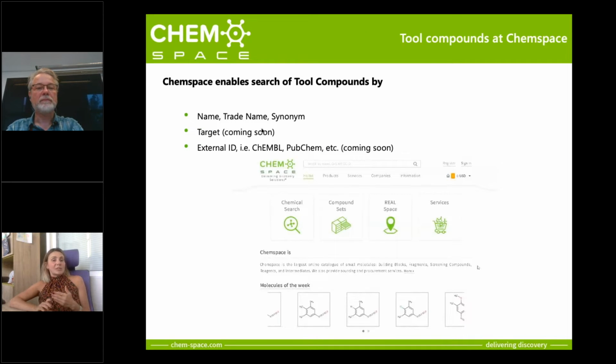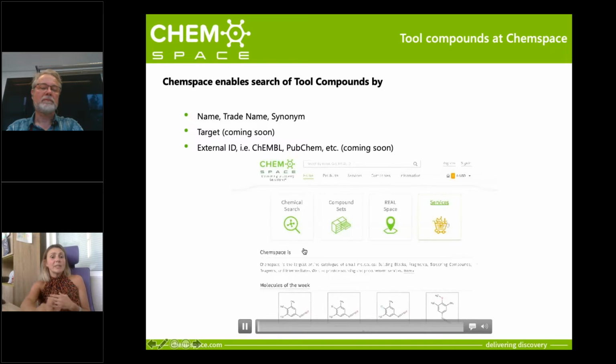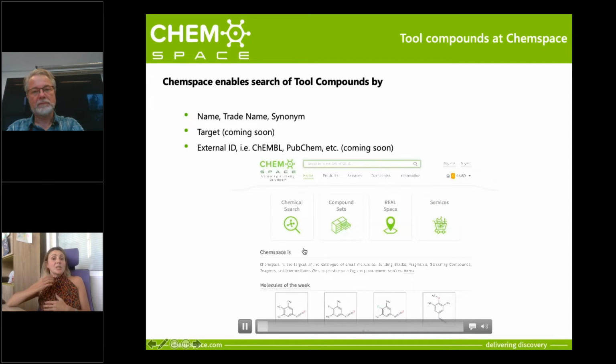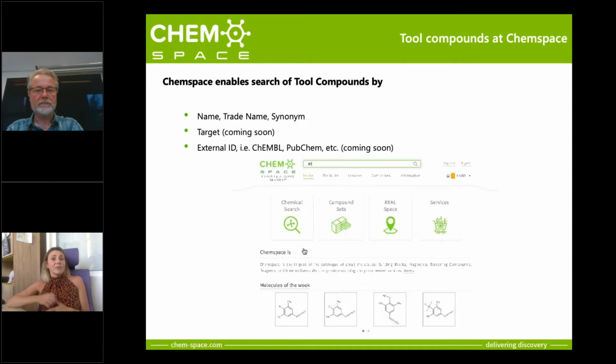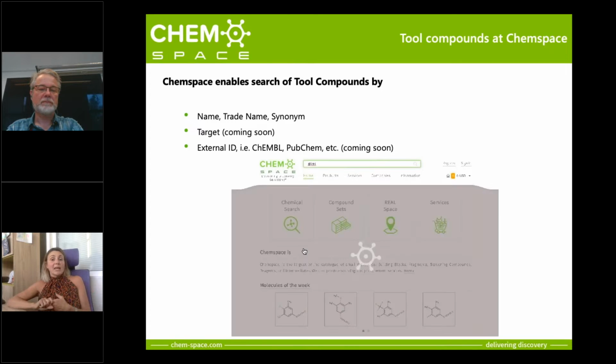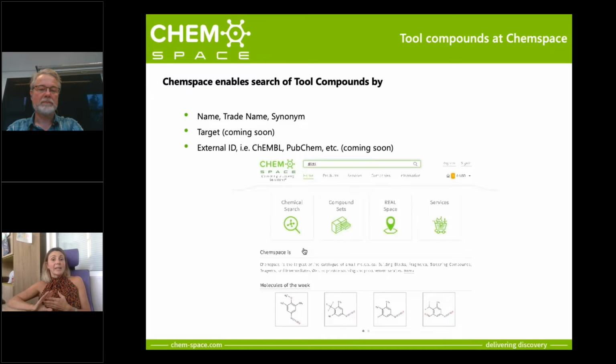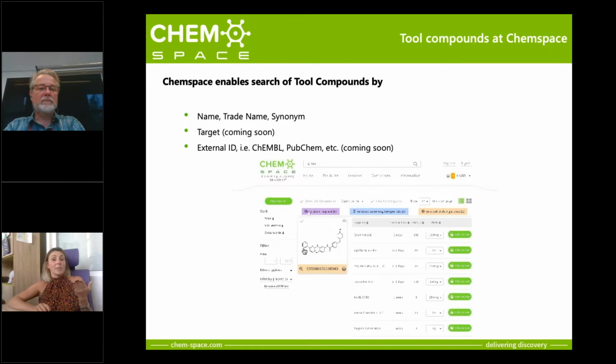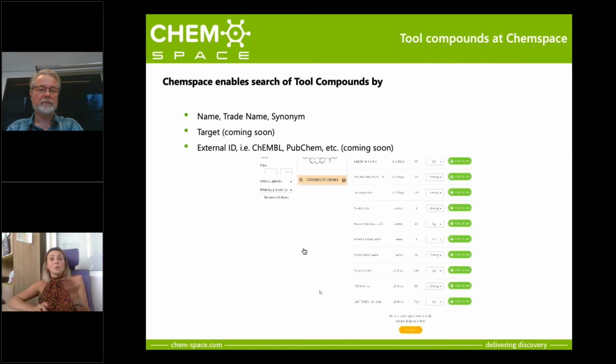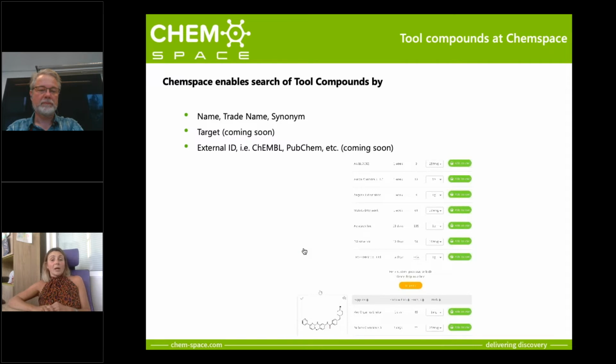Recently, we enabled search of tool compounds by trade name. And it's very easy. You just need to type, let's say, the trade name Glycate and press the search button. Within a few seconds, you will get the results. You can see that this compound is offered by a few suppliers.